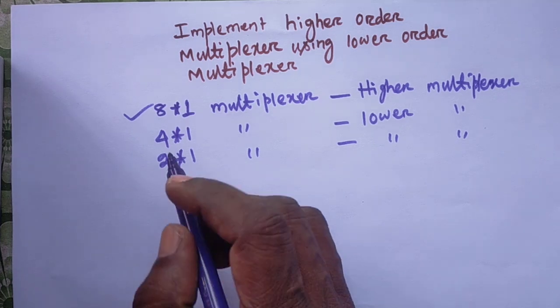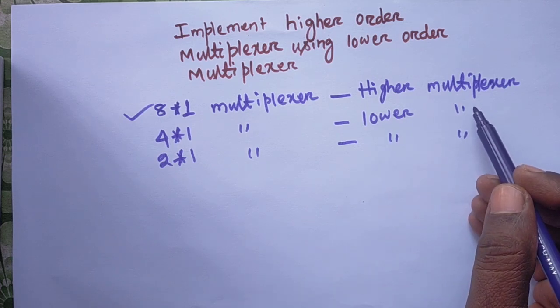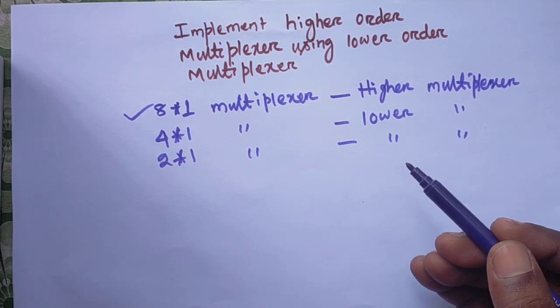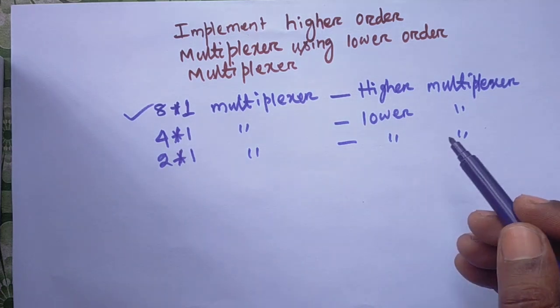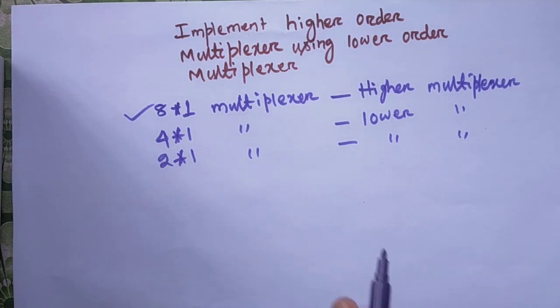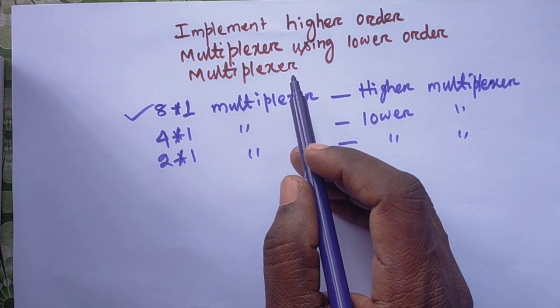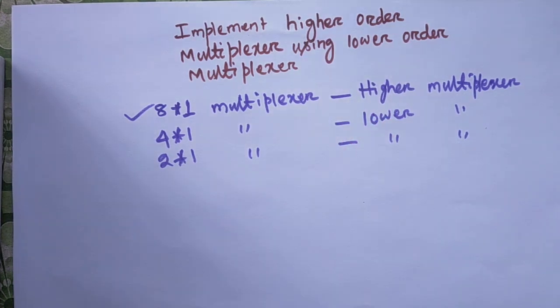That means an 8 into 1 multiplexer, which is a higher multiplexer, whenever we need to design it, we can use 4 into 1 and 2 into 1 multiplexers. This is the basic concept. So the topic is the implementation of a higher order multiplexer using lower order multiplexers.